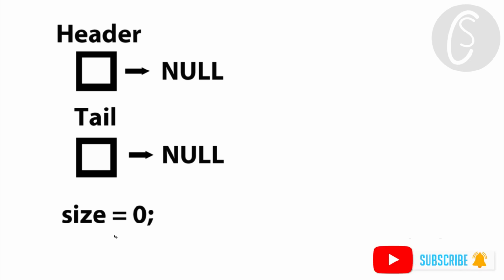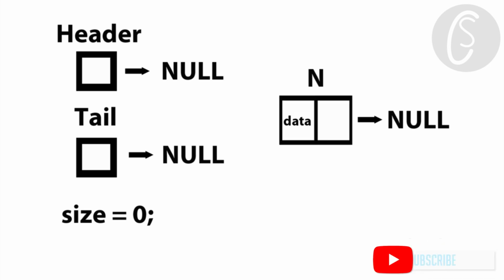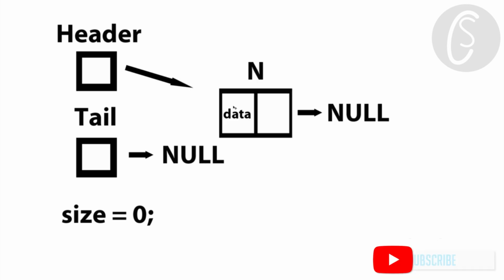From here, what we can do is actually create our node. And I'm just going to call it node n for now. So now that we know that this is an empty list, what's the first step? Once we create our node n, now we could have header point to the newly created node. And we can also have tail point to the newly created node.